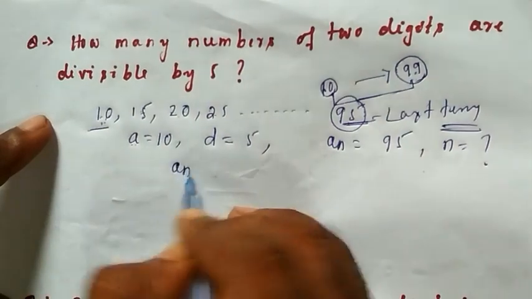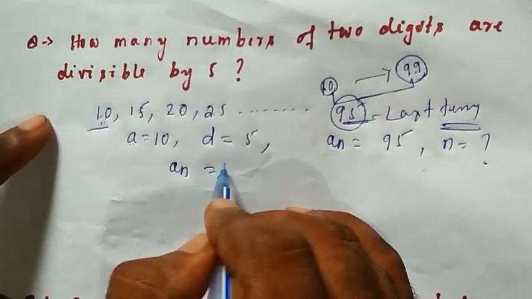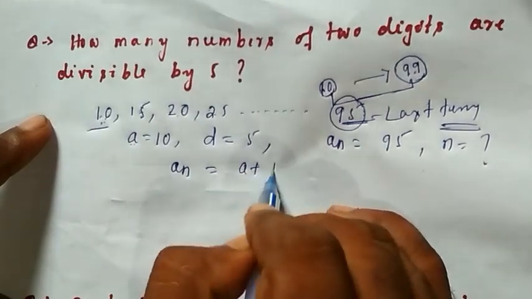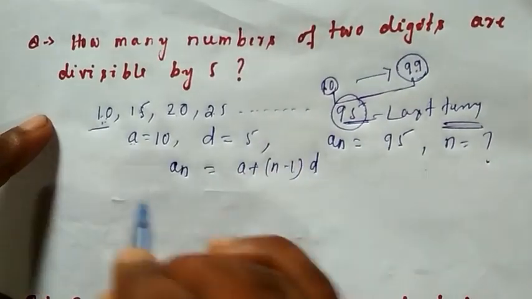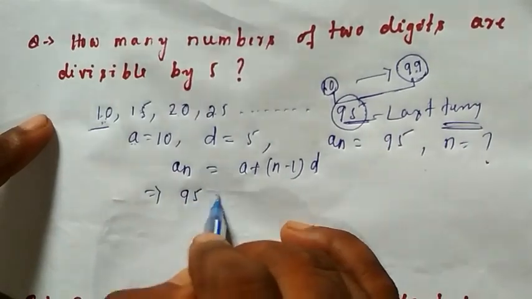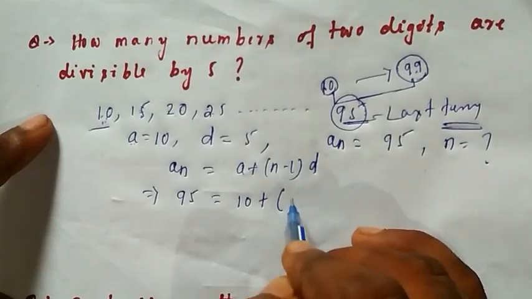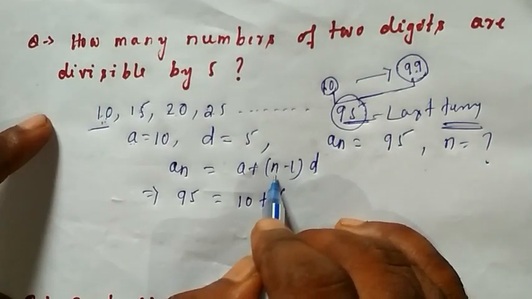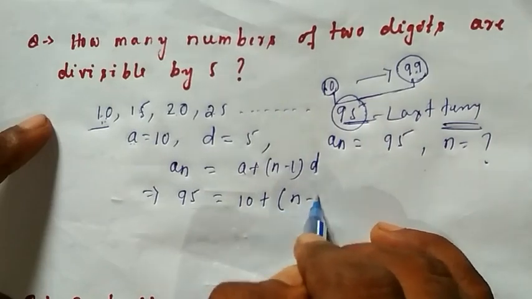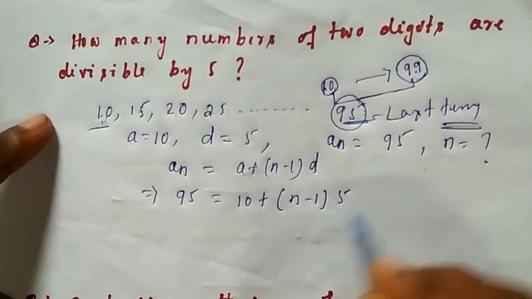You know the formula according to arithmetic progression. The nth term formula: an is equal to a plus n minus 1 into d. In place of an you can substitute 95. In place of a you can substitute 10. In place of n, we don't know, you have to find the n value, so write it as it is. In place of d you can write 5.